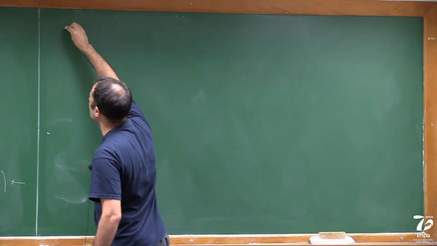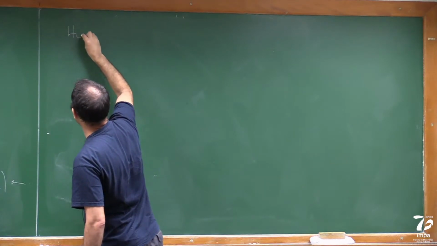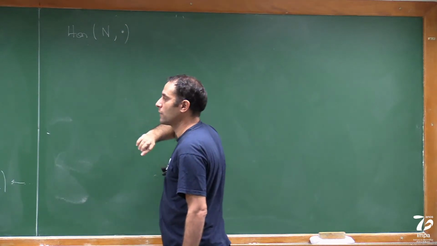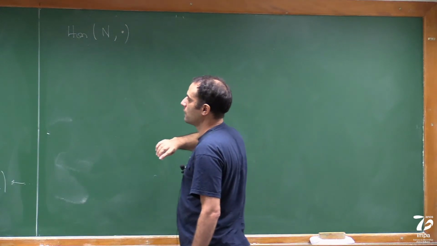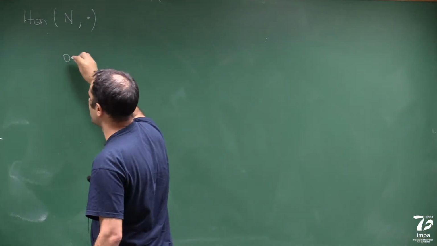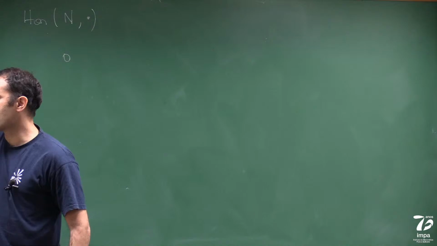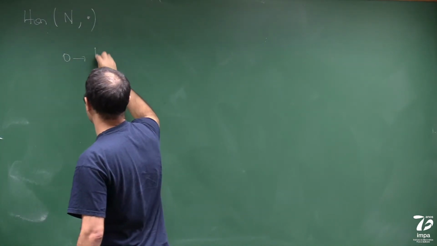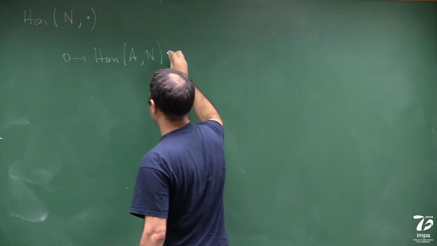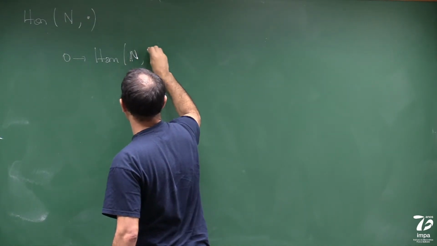The same thing if I do Hom(N, -). Then this guy is covariant, and you're going to get the same thing. Now, Hom from N into A, you can compose to get a Hom(N, B).